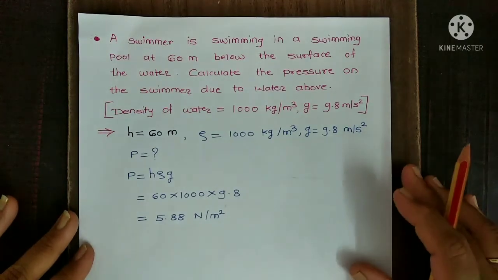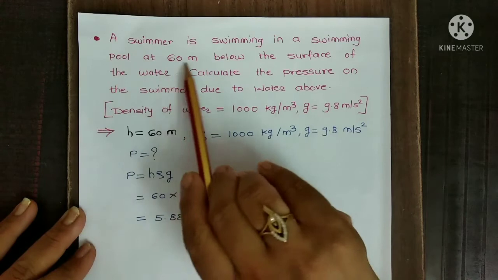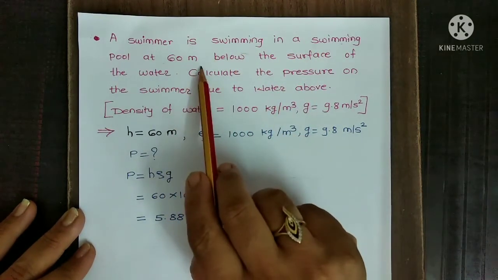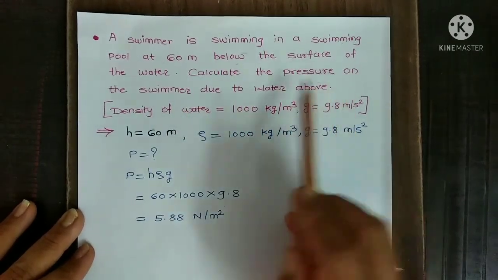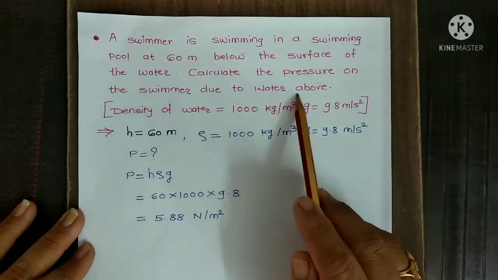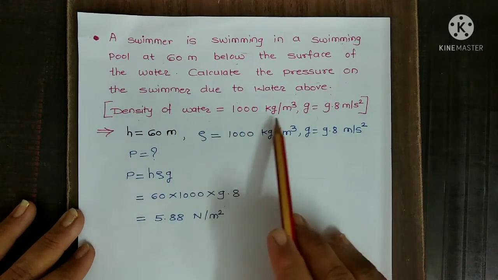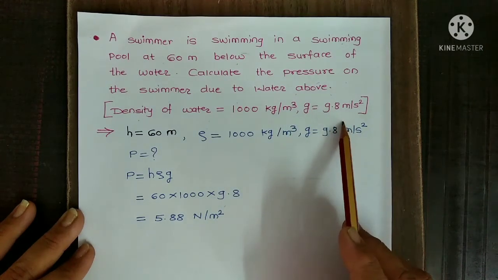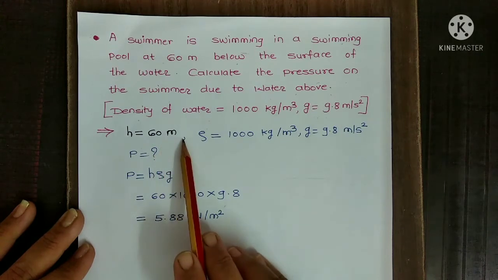After this, based on the same formula, we will see a problem. A swimmer is swimming in a swimming pool at 60 meter below the surface of the water. Calculate the pressure on the swimmer due to water above. Density of water is given as 1000 kg per meter cube and g is 9.8 meter per second square. Here h is equal to 60 meter.